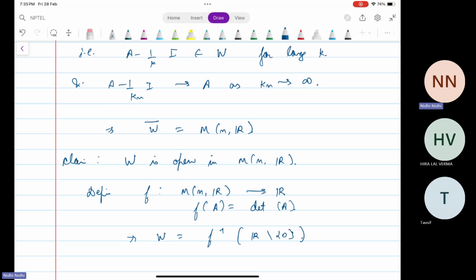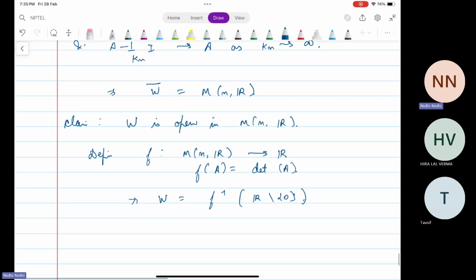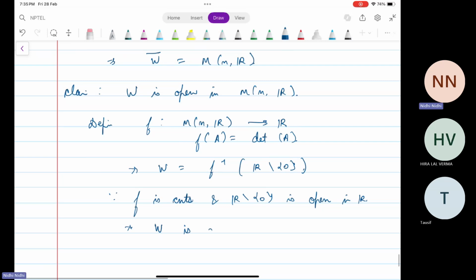Since R minus 0 is open in R and f is continuous, we get W is open in MnR.